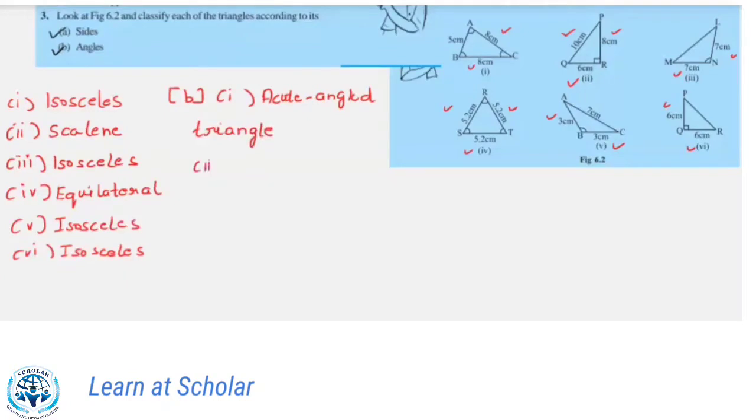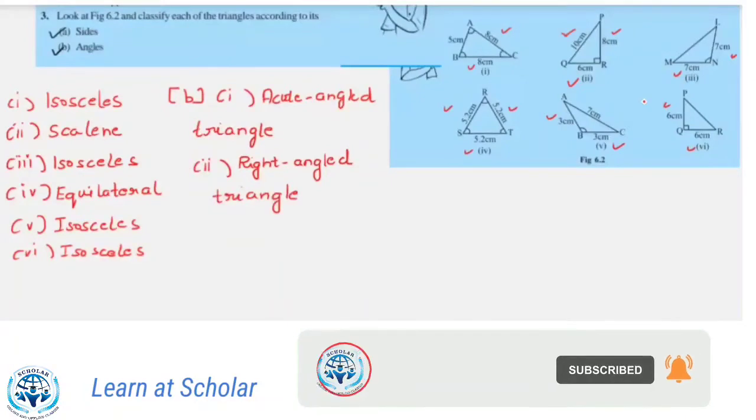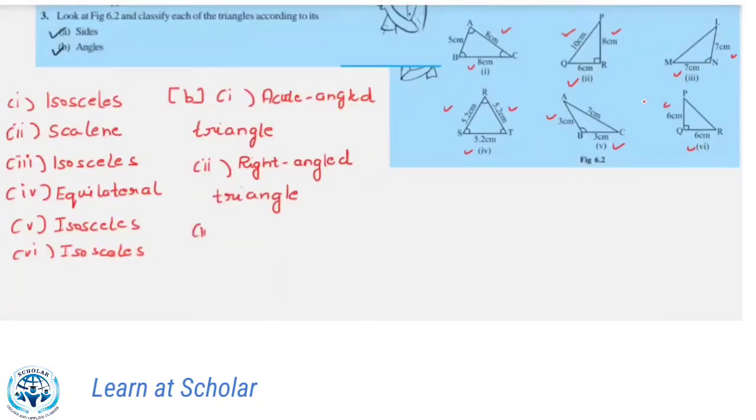In the second one, we can see clearly that the triangle is right angled triangle because the angle is 90 degree. Students, you have to write in the same way. The third one, the triangle is obtuse angle triangle because the angle is more than 90 degree.